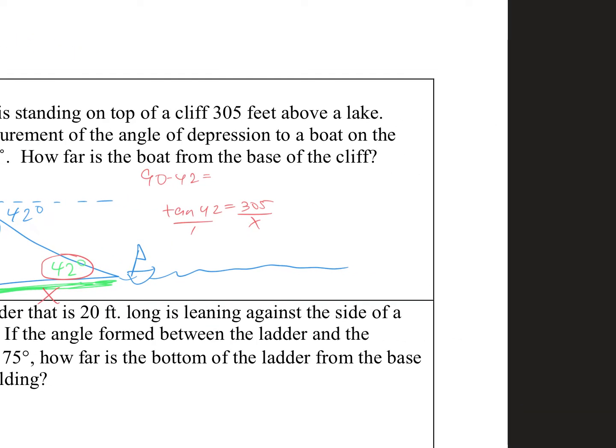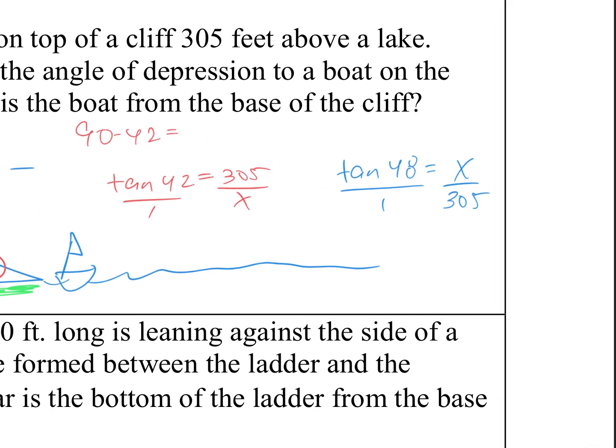Still tangent? Okay, so tangent of 48 equals what? X over 305. Cassie, question. So we can't use the theta that's on the top that says 42? No, if you use that, it has to be in the angle of elevation spot, because that angle of depression is on the outside of the triangle, it's not on the inside.